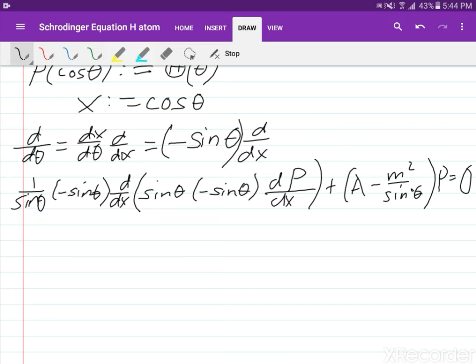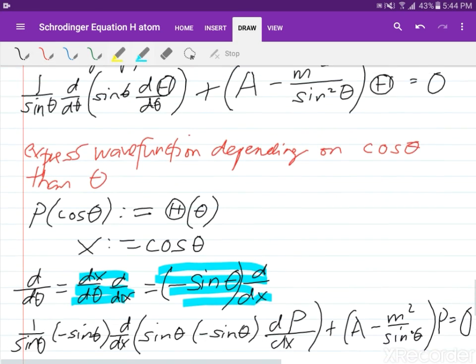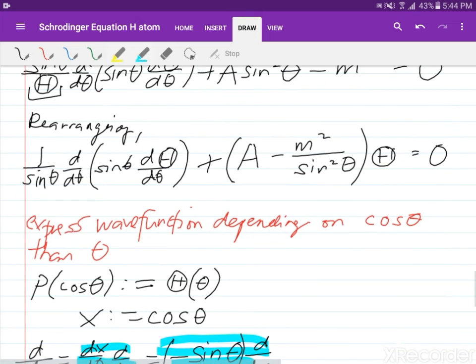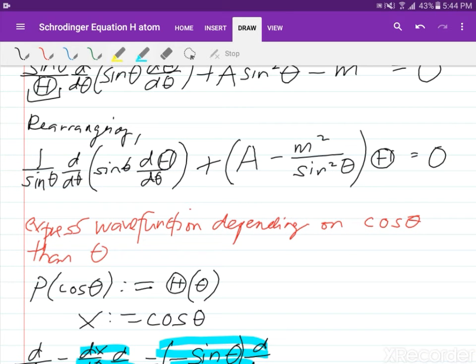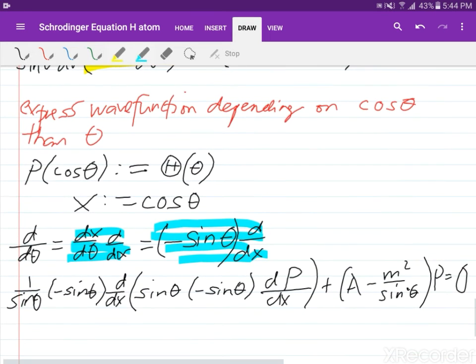So notice that we have transitioned from this kind of operation to this form. So this term became this term.